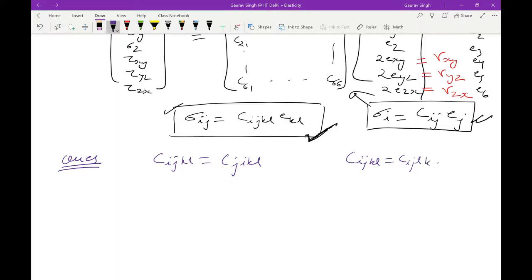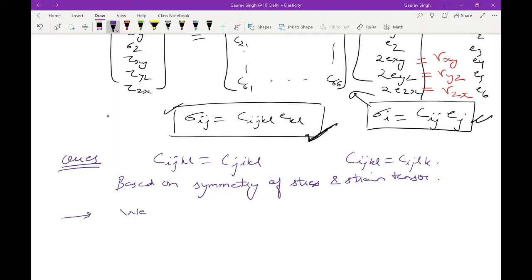How do we have to prove it? Based on the symmetry of the stress and strain tensor. So let's see how that proof works.